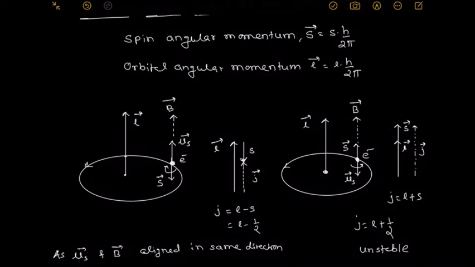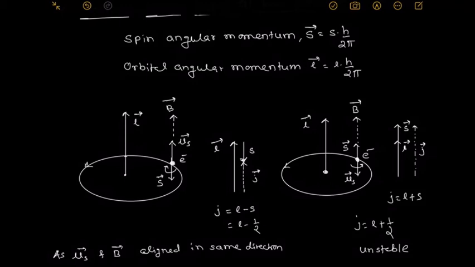The electron is also revolving about its own axis, and if the direction of the spin motion is opposite to that of the orbital motion, both are oppositely directed. But the spin motion of an electron is also associated with a magnetic moment. That magnetic moment is opposite in direction to the spin angular momentum. Both are opposite in direction.